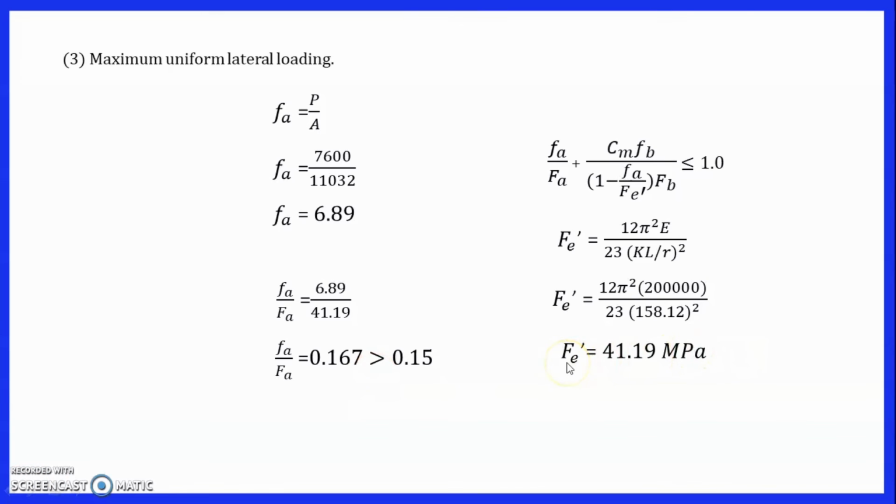Since we're able to solve for the value of the Euler critical stress, let's proceed in finding for the bending stress. But before that, we must first use the width thickness ratio.